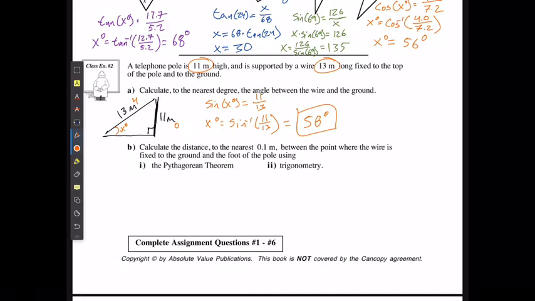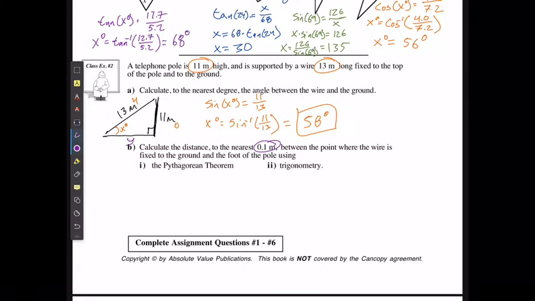If I'm calculating the distance to the nearest 0.1 meters between the point where the wire is fixed to the ground and the foot of the pole, I'm trying to solve for what this length is, which I'm going to call y. I can do that by using Pythag or trig.